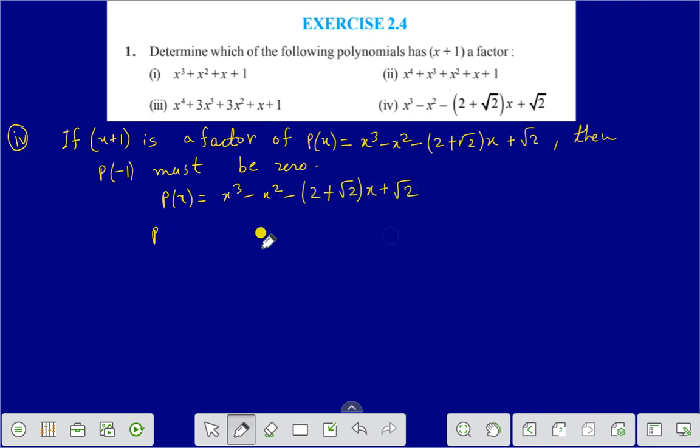Therefore P(-1) is equal to (-1) whole cube minus (-1) square minus (2 plus root 2) into minus 1 plus root 2.